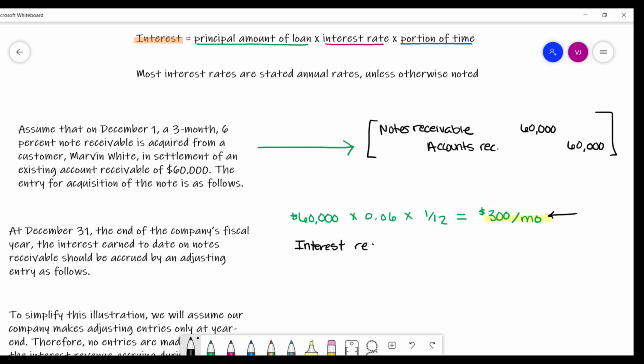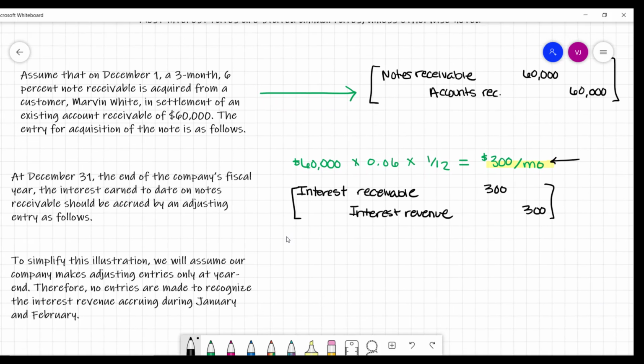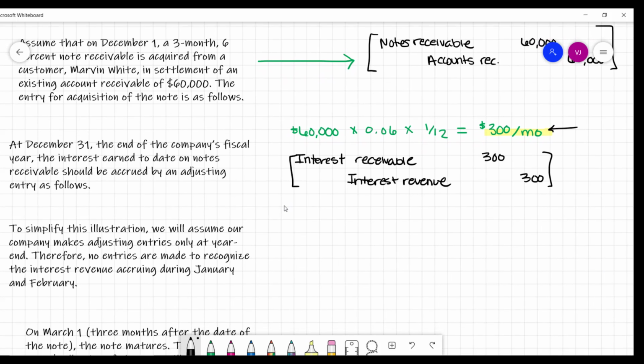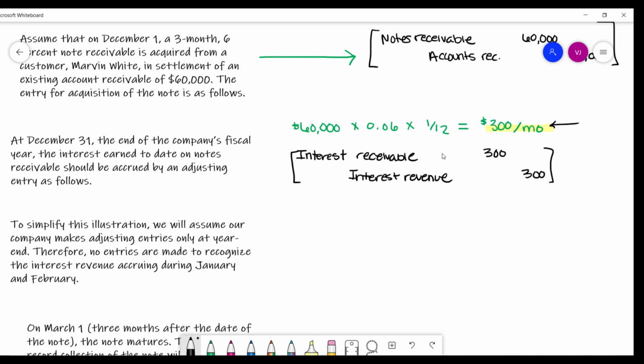So we will debit an account called interest receivable for $300, and we will credit interest revenue for $300. Okay, so he hasn't yet paid anything off yet, but we have to record that interest revenue.